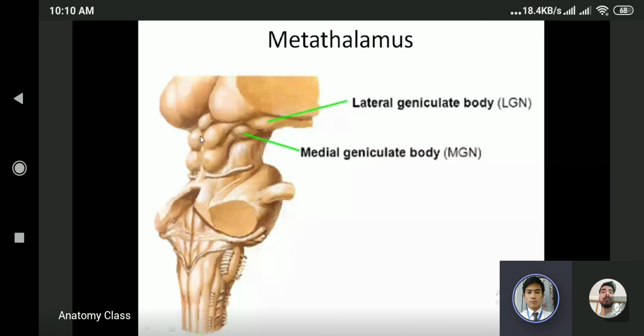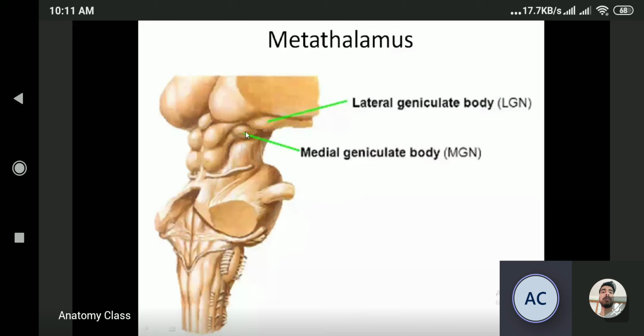The superior and inferior colliculi are present at the posterior aspect of the midbrain. Lateral to these, the two oval masses of gray matter are present, known as the lateral and medial geniculate body. The laterally placed one is the lateral geniculate body, and medial to that is the medial geniculate body, which is present just below the pulvinar end of the thalamus.